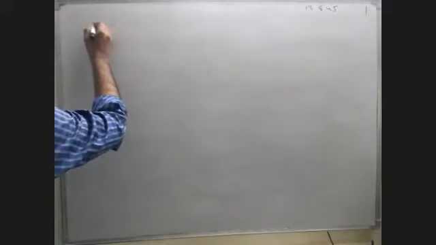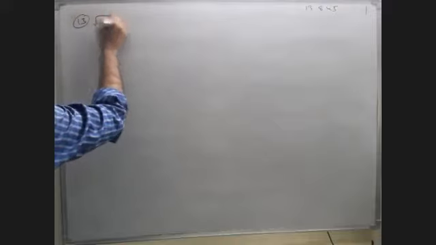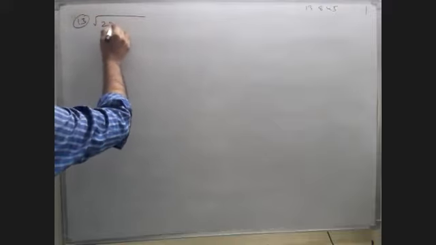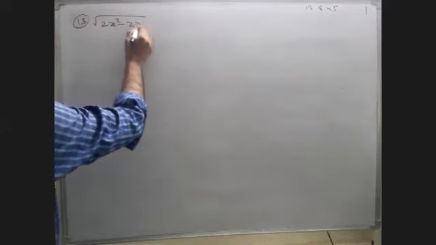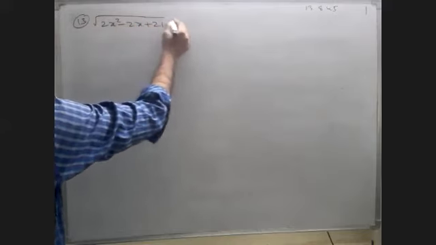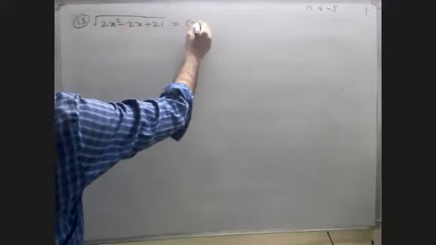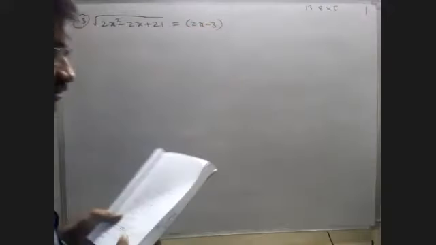The question I am writing, see, question number 13, example, that is root over 2x square minus 2x plus 21 is equal to 2x minus 3. This is the question.